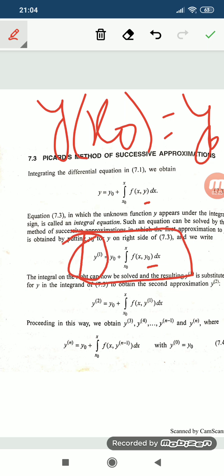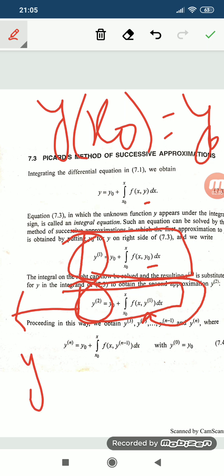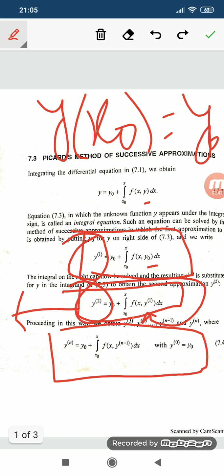Once we obtain this first approximation, we will substitute it in this function and find our second approximation. Again, with our second approximation, we find our third approximation, and so on. In this way, anyone can find the general nth approximation that is given by this formula.